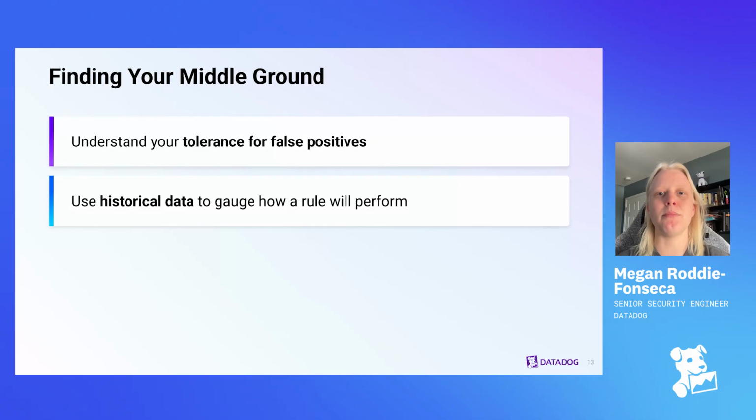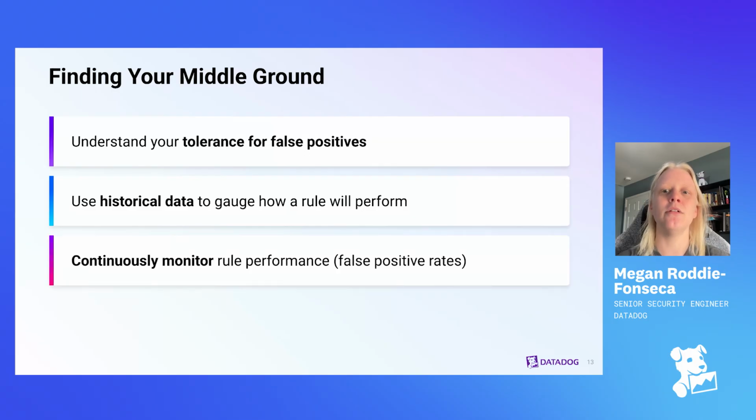And then continuously monitor your rule performance. Just because a rule is low false positive now doesn't mean something in your environment won't change to make the criteria detect on more normal behavior. So create a dashboard or run monthly or weekly metrics and understand how specific rules are doing and whether those rules need tuning.